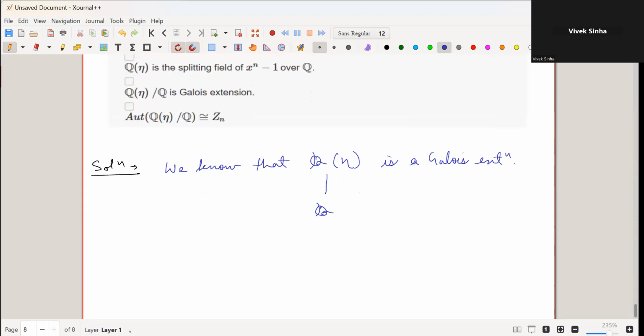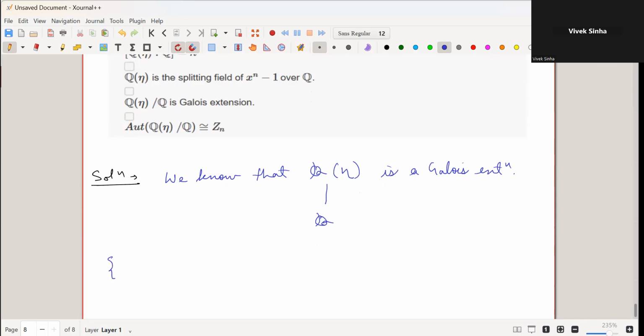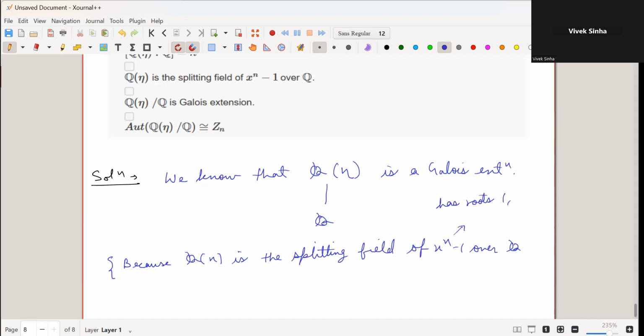Because it's clear that Q of zeta is the splitting field of x^n minus 1 over Q, because all the roots of x^n minus 1 are 1, zeta, zeta squared, zeta cubed, and so on up to zeta raised to n minus 1.